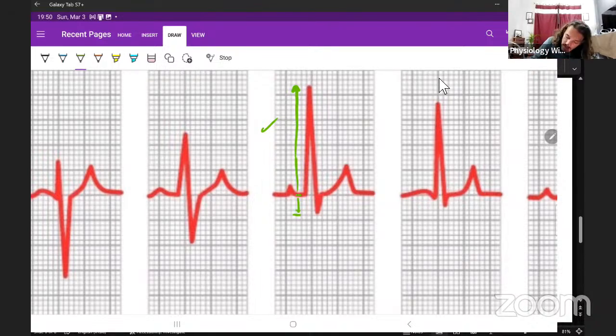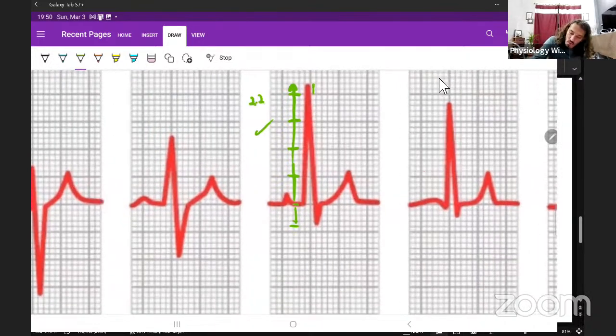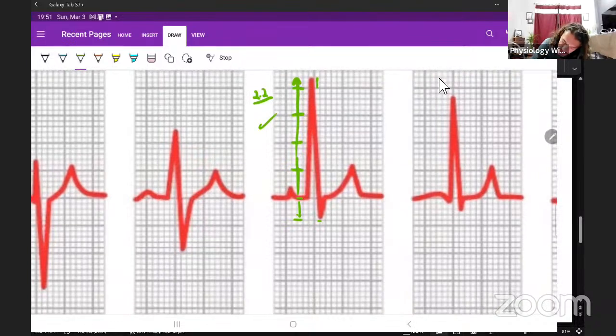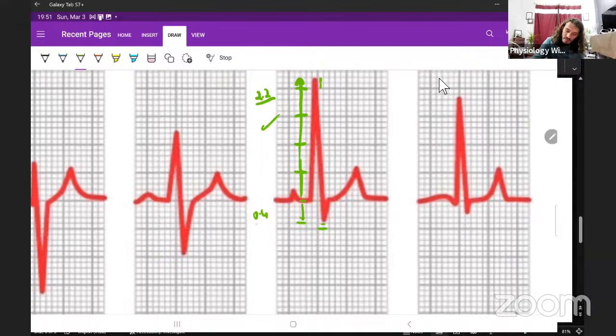Okay, so you can just see 1, 2, 3, 4. So 4 means that is going to be your 2 millivolt. Plus we have 1, 2. So around 2.2 millivolt is there on top. When you go down, it is just less than 1 large box. Okay, so it's going to be 0.4.